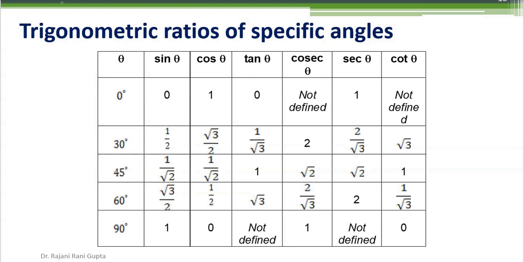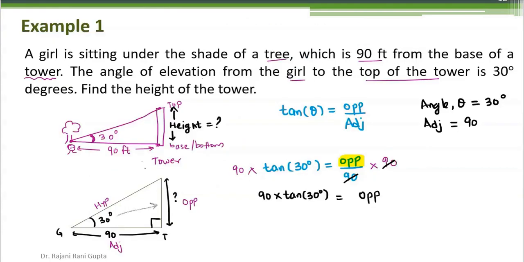The angle is 30 degrees. And what we want is tan. Tan is here. So tan of 30 is the value 1 over root 3. Substituting that value of tan of 30 here, what will we get? 90 times 1 over root 3 equals the opposite side, which is nothing but your height.